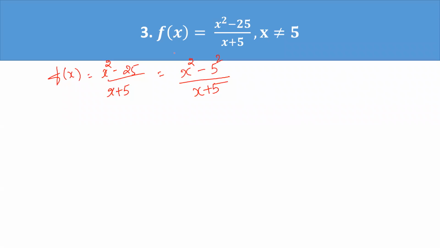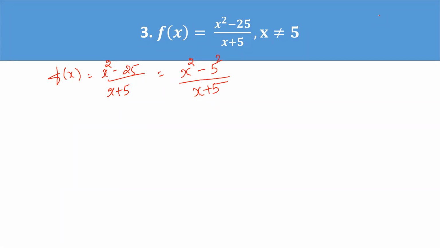What can you observe in the numerator? It is x square minus 5 square.